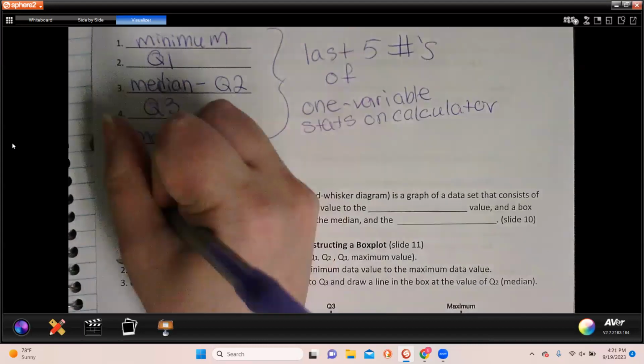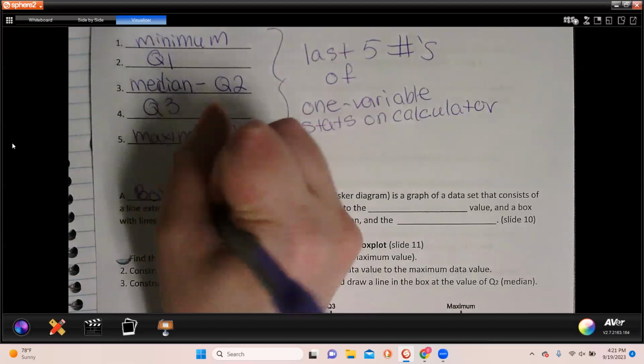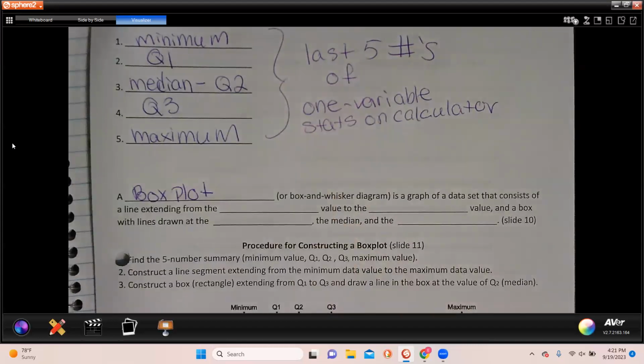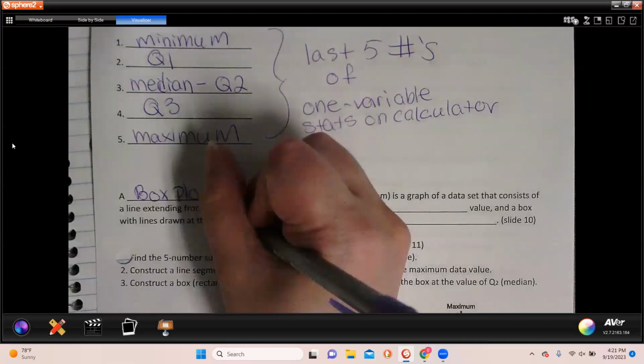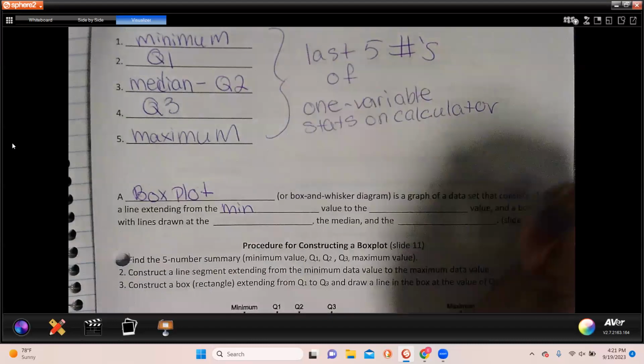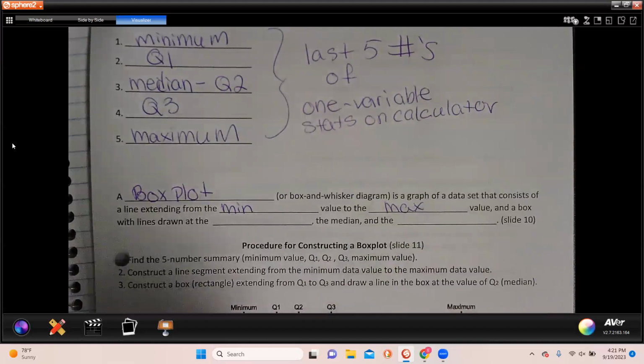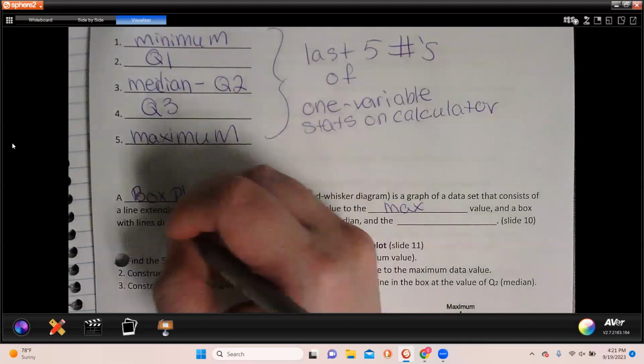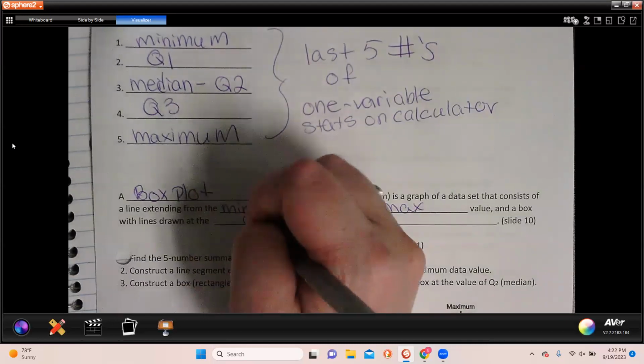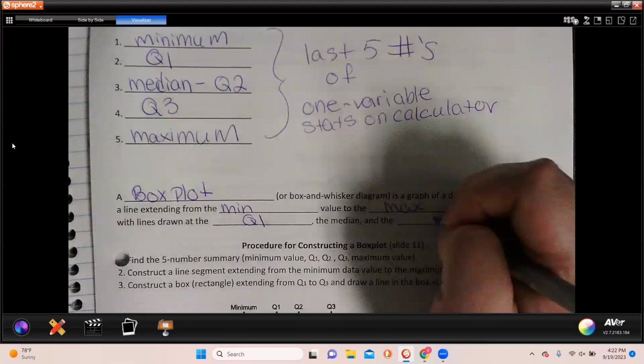So we use this information to make a box plot. A box plot or a box and whisker diagram is a graph of a data set that consists of a line extending from the minimum value to the maximum value, and a box with lines that are drawn at the Q1, the median, and the Q3.